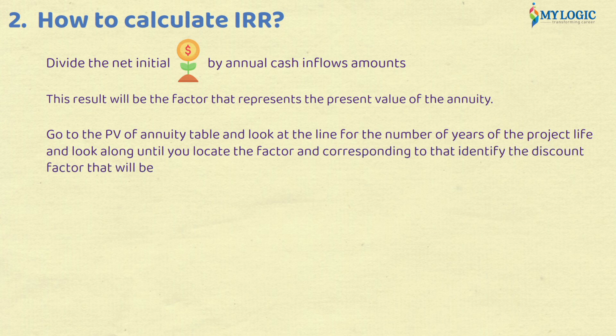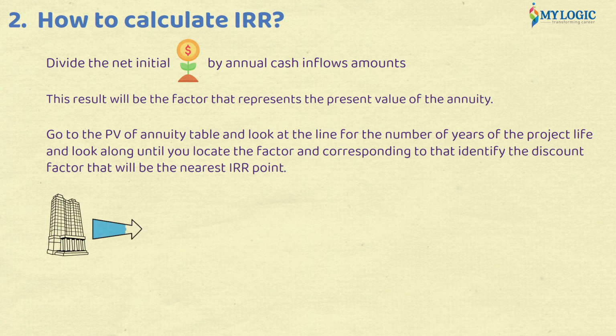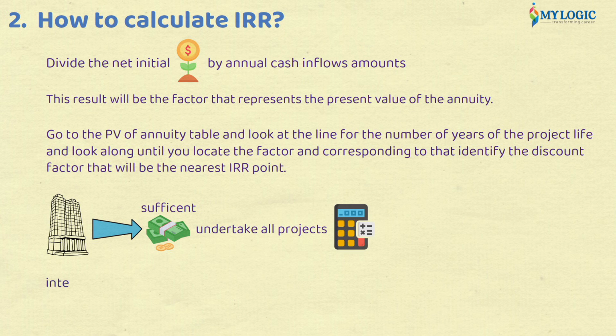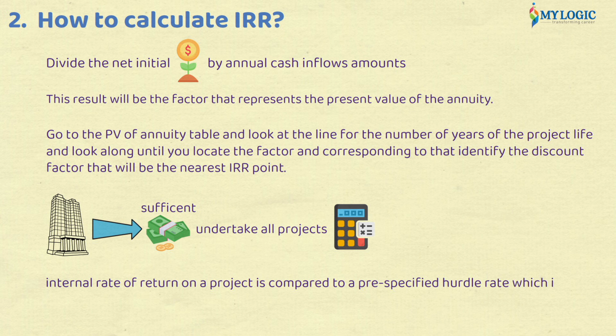That will be the nearest IRR point. If the firm has sufficient funds to undertake all projects, the calculated internal rate of return on a project is compared to a pre-specified hurdle rate, which is the firm's minimum acceptable rate of return for the project.